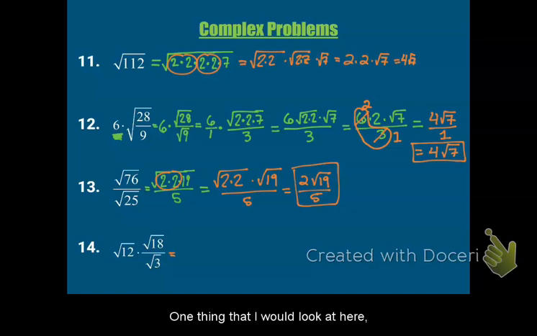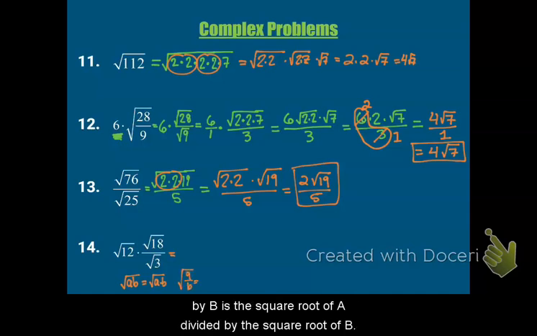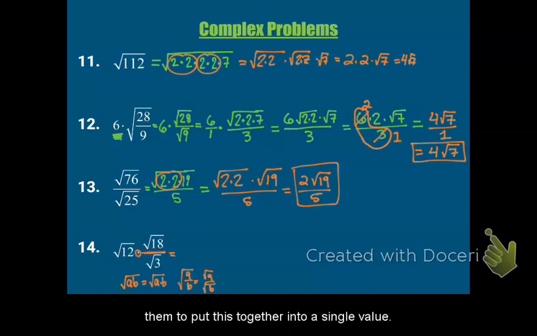One thing that I would look at here is combining my product and quotient properties, but somewhat in reverse, and knowing that, for example, the square root of AB is the square root of A times B, and the square root of A divided by B is the square root of A divided by the square root of B. What that tells me is that I can take these values, the 12, the 18, and the 3, and I can multiply and divide them to put this together into a single value.